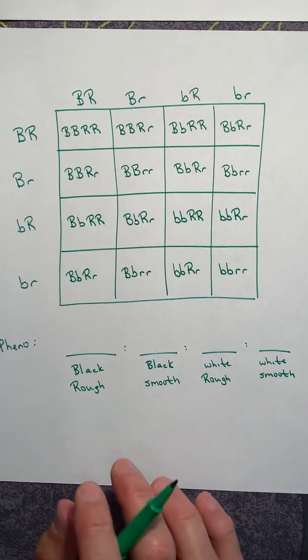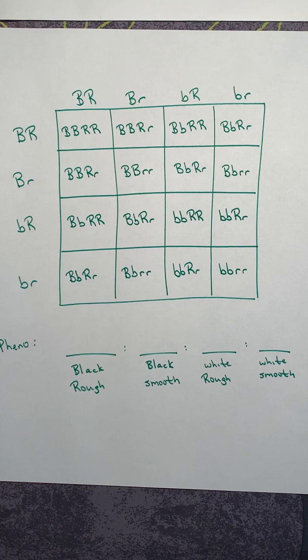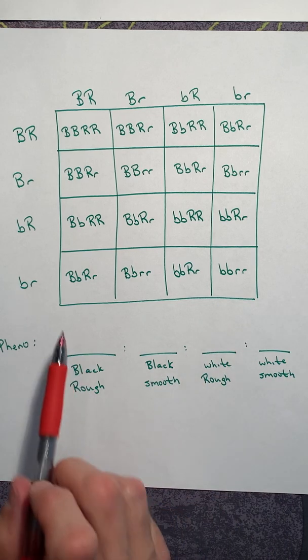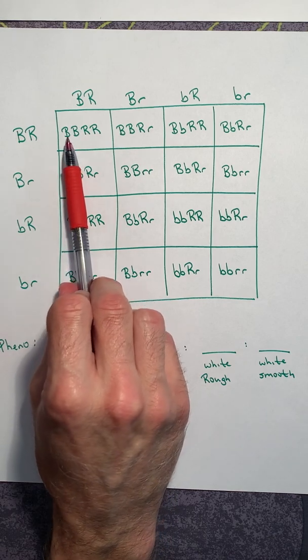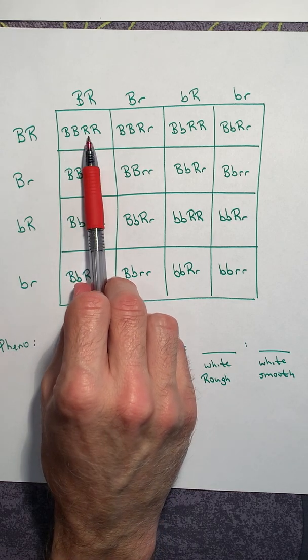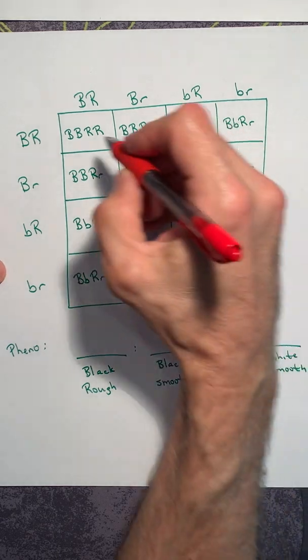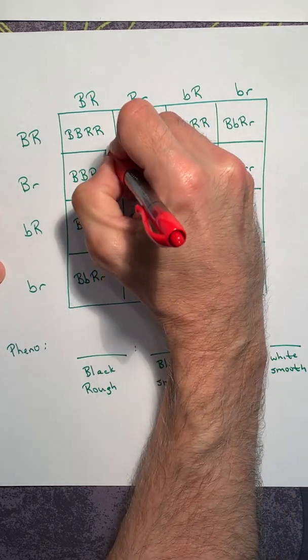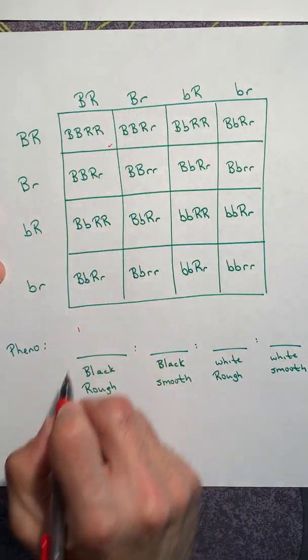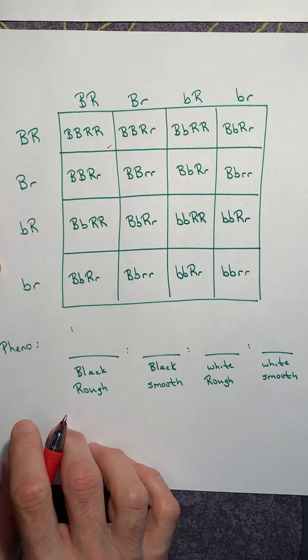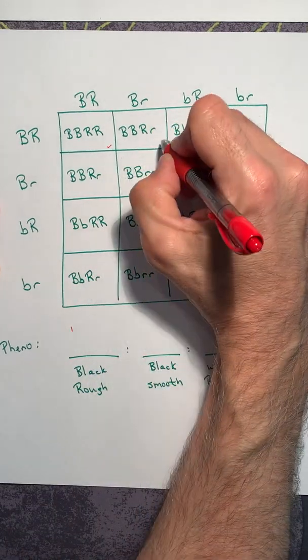Now, at this point, this is bookkeeping. So what you do is you just take it one by one. So any organism that carries a big B is black, and any organism that carries a big R is rough. So this one, black, rough. Check it off and go down here and make a tick mark. Second one, black, rough.